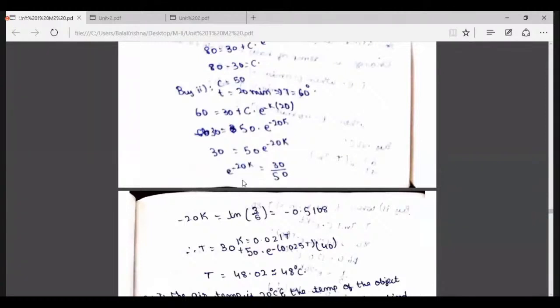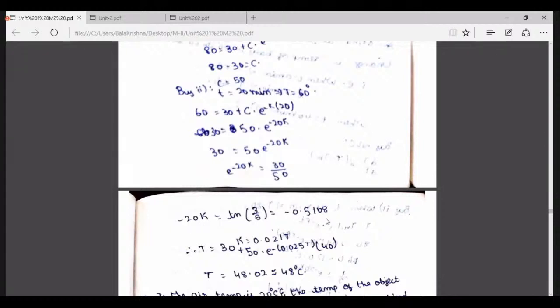So it changes to minus 20k is equal to log of 30 by 50, that is 3 by 5. But it is log with base e, so you should use the ln button in the calculator but not the log button. ln indicates log with base e. If you go for the log button, it will go for log with base 10.